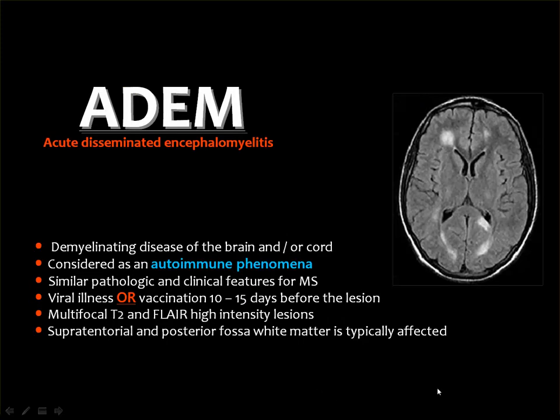Then acute disseminated encephalomyelitis is not an inflammatory disease. It is a demyelinating disease. In the old lectures that were presented by me many years ago, I included ADEM in the lecture of inflammatory and infectious brain diseases, but actually this is a demyelinating disease in response to an inflammatory insult, not necessarily in the brain.